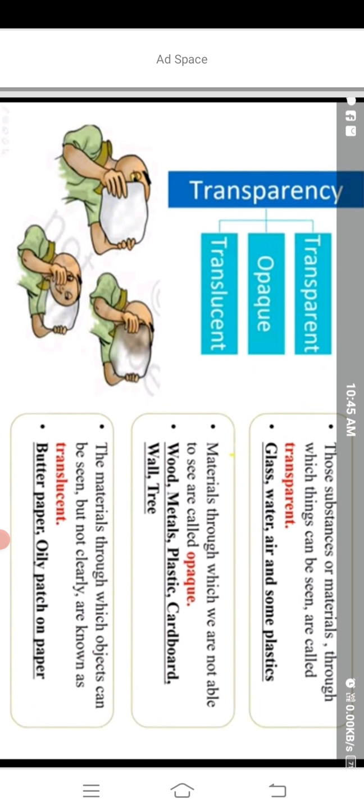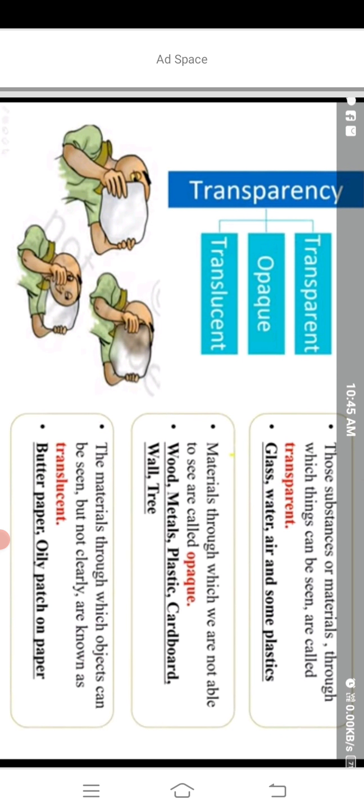Students, if you take one page of paper and put some drops of oil on it, it becomes translucent paper. Objects can be seen through this paper but not clearly.